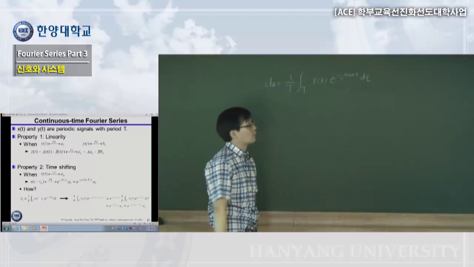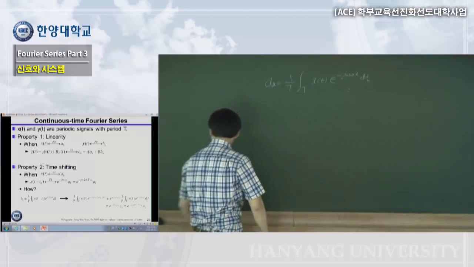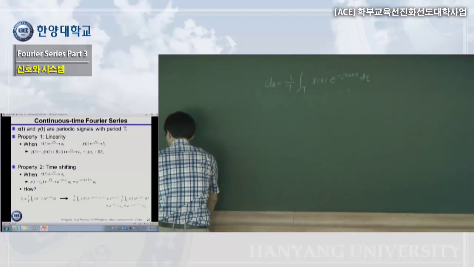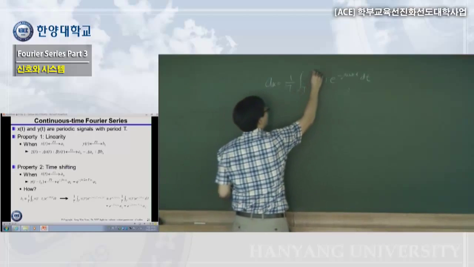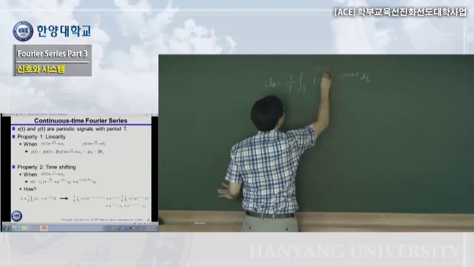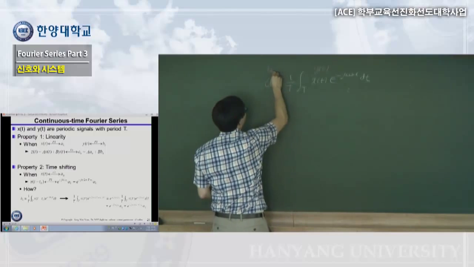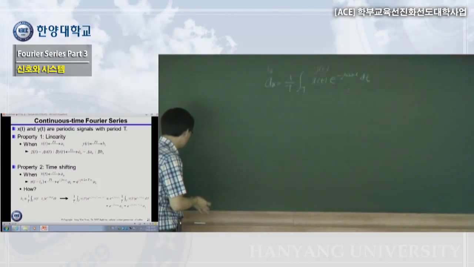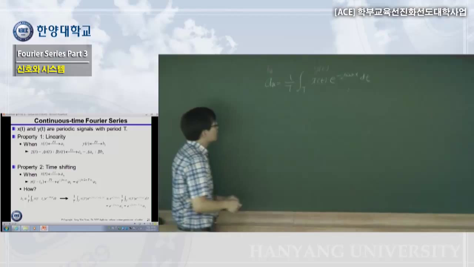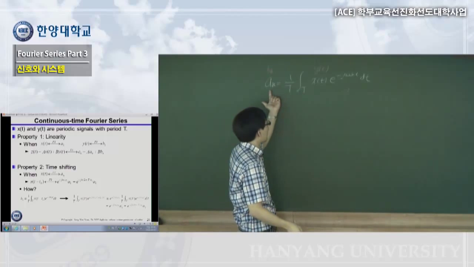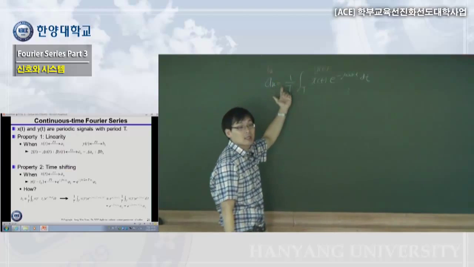That's the definition of ak. If you put y in here, then the corresponding Fourier coefficient will be bk. So let's say the coefficient of x is ak, the coefficient of y is bk.